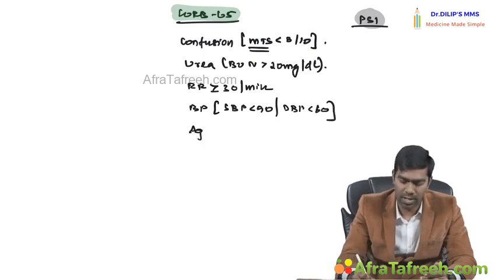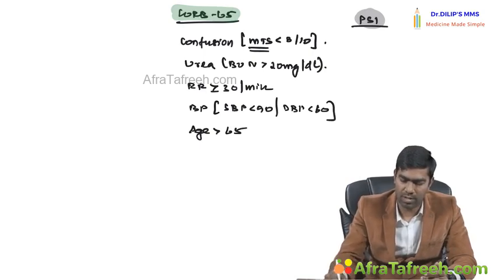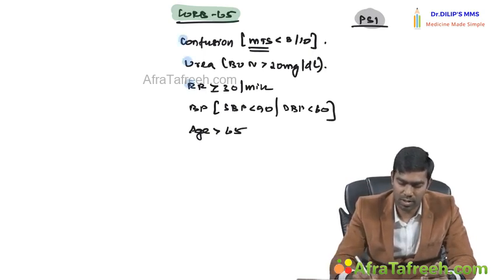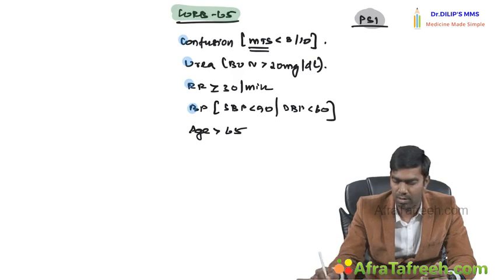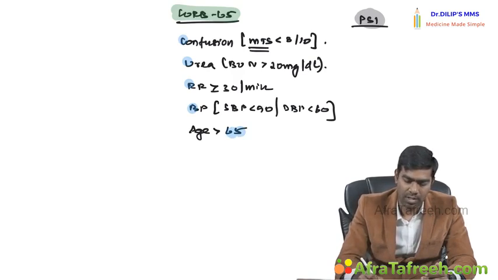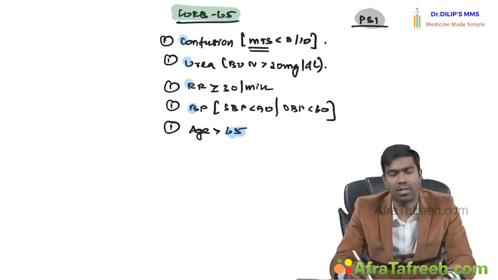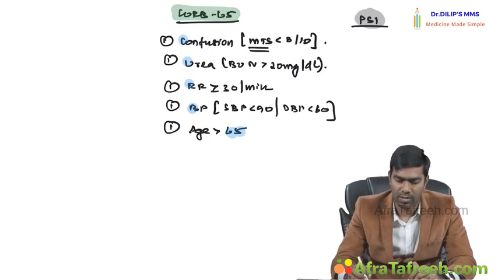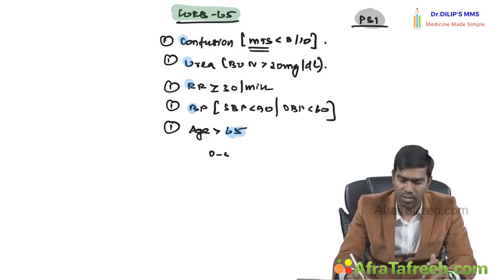And 65 means age more than 65. That is why we call this score CURB-65. Clear? Each component carries 1 point, so there are 5 components and the score ranges from 0 to 5.